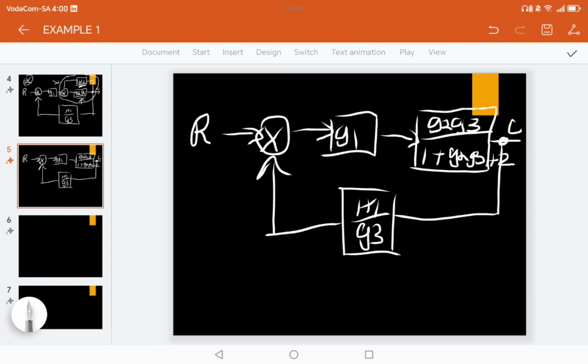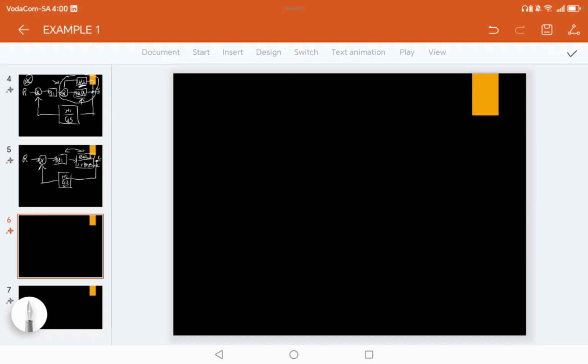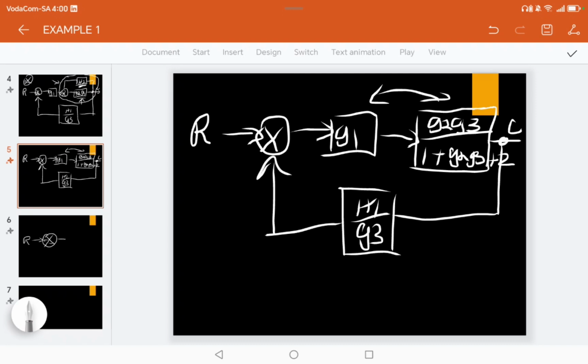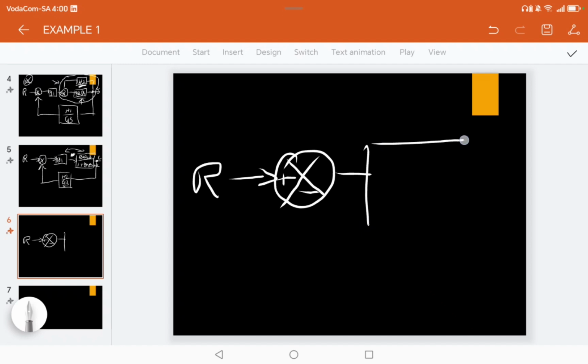Now we've got 2 things that are in series. We've got G1, and we've got this one that we have just converted. So now we have to redraw again. After redrawing here, we are going to multiply these 2 because they are in series.